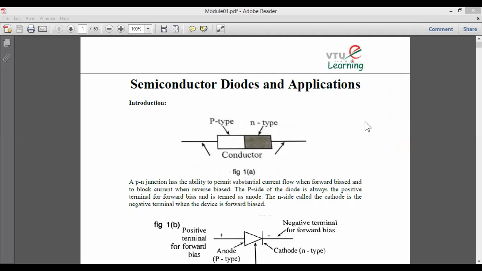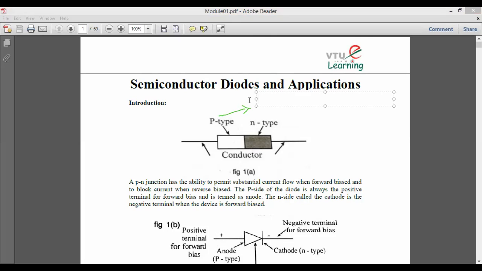Sorry, before going to that particular p-n junction diode, when you study the theory of physics, or the complete conduction part, or the electricity part, the basic thing required here is that we have p-type and n-type materials. The majority carriers and the minority carriers will be studied first here.